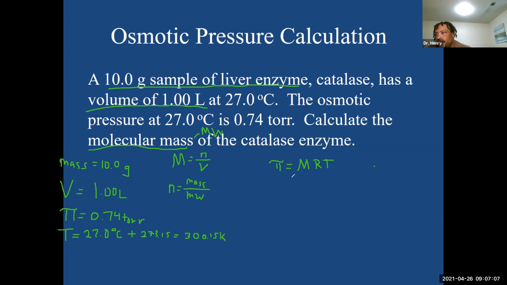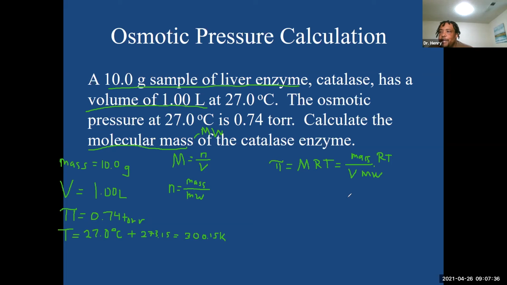Okay, so we can plug all of these into our equation. So we'll get pi equals mass over volume and molecular weight. Now, if I make a mistake, you guys are responsible for correcting me. So then we want to solve for MW.